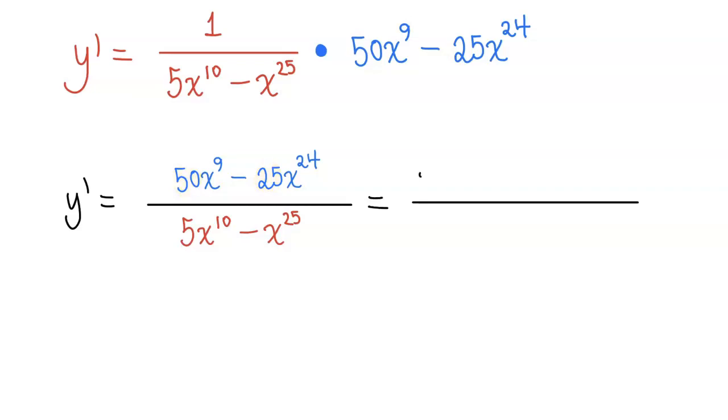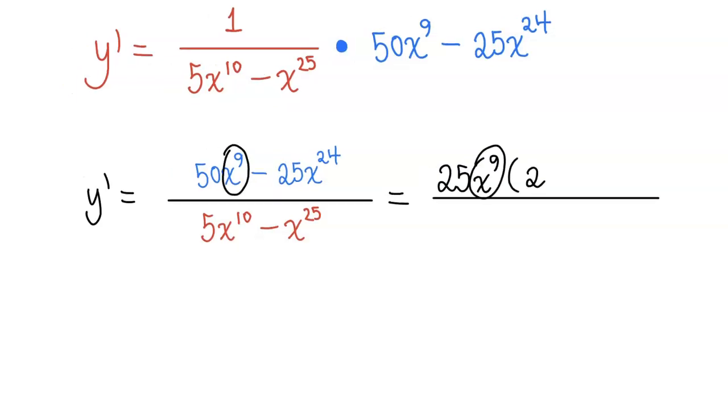Okay. And let me look at the x's. This is x to the 9th power. This is x to the 24th power. So the greatest common factor will be x to the 9th power. I'll draw a parenthesis and I'm going to put the quotient inside. 50 divided by 25 is 2. And x to the 9th divided by x to the 9th is just 1.